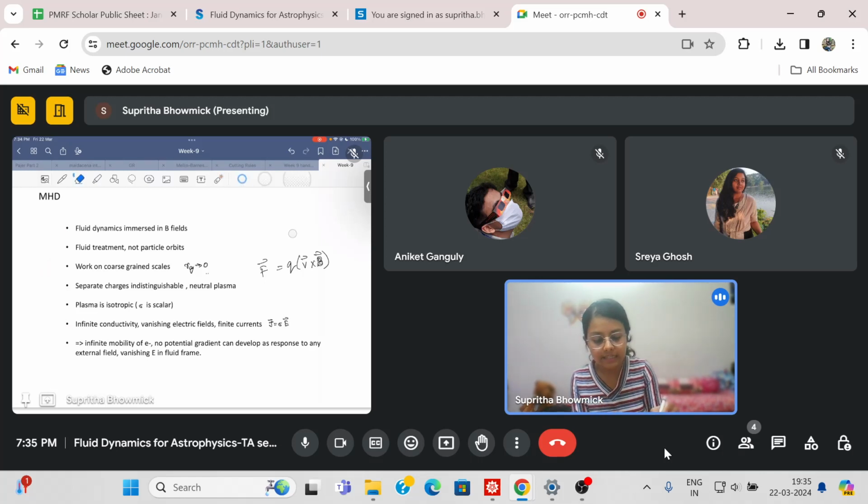One thing is that in any discussion of magnetohydrodynamics, the electric field is not given much importance. The reason is that the fluid is considered to be infinitely conductive. If sigma of the fluid is infinite, what that results in is the electric field in the fluid being zero. Why? Infinite conductivity of the material implies that the free electrons have infinite mobility, so they can immediately respond to any potential gradients developed in the medium.